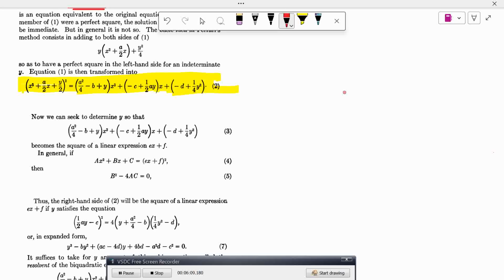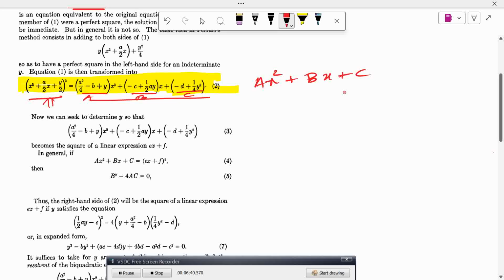So consider now this is a perfect square, so let us forget about that for now. Here this is an expression, a quadratic expression. If we take this term as A, this term as B, and this term as C, we have ax square plus bx plus c.